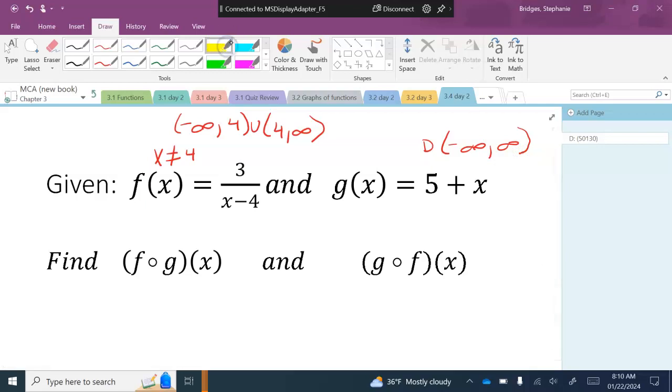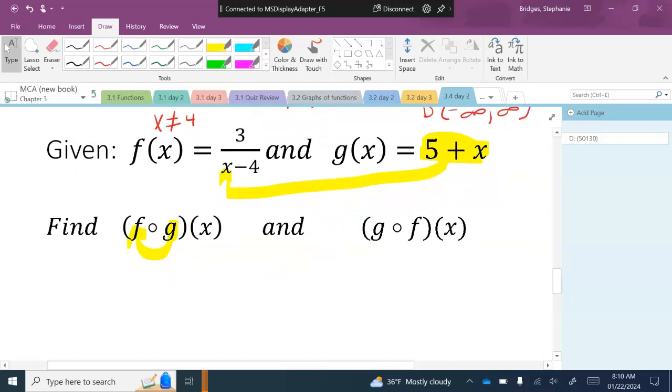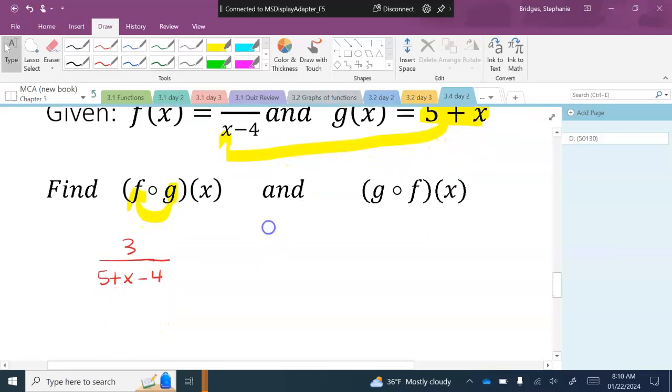So for the first one, we're going to take g and plug it in place of x into f. So I'm going to take this 5 plus x, and I'm putting it in place of x for that function. So it is going to be 3 over, but instead of x, I'm putting 5 plus x, and then we have that minus 4. That's just a matter of combining terms, right?